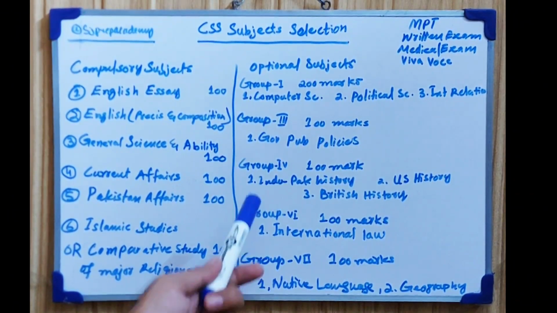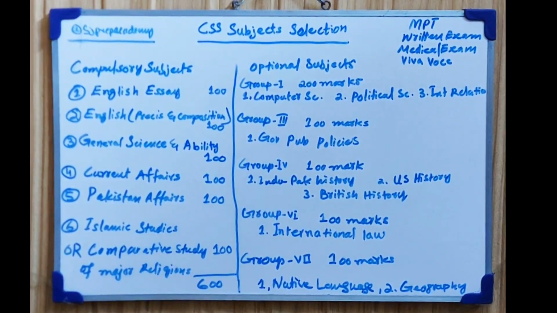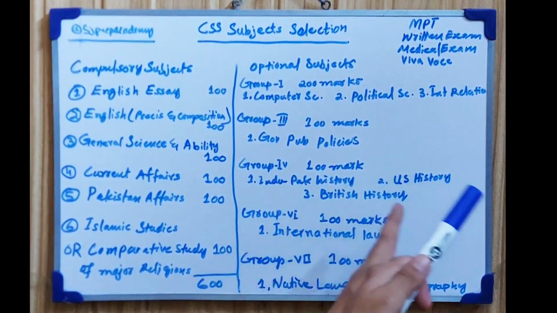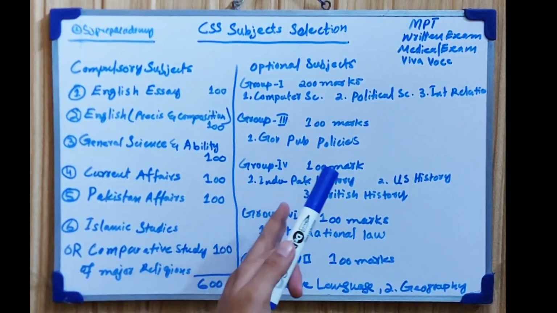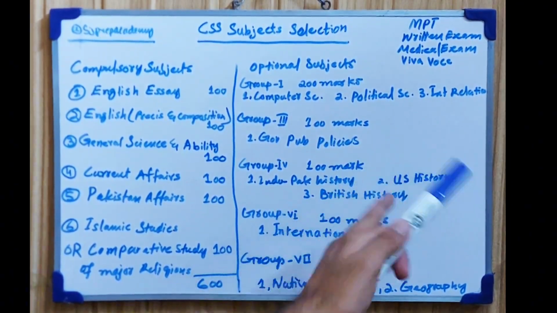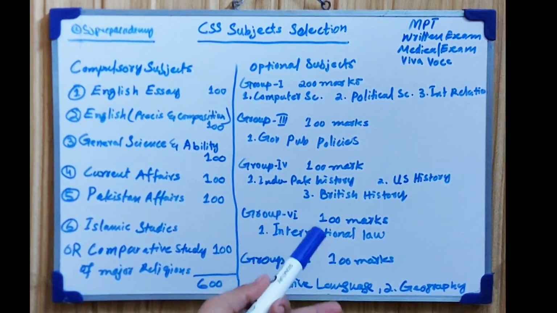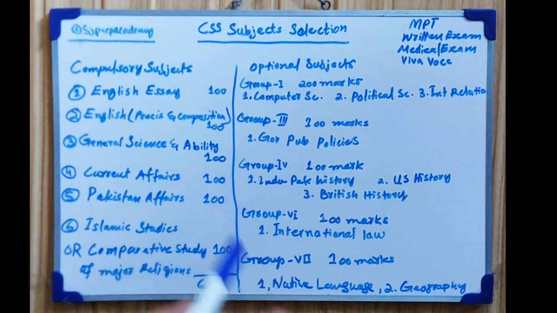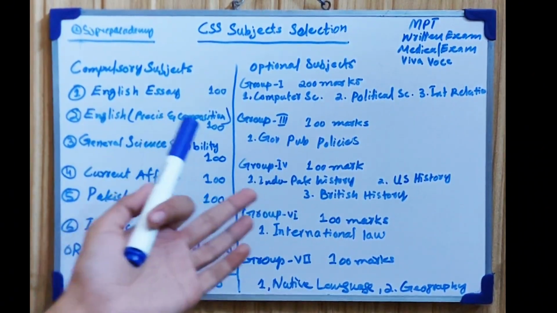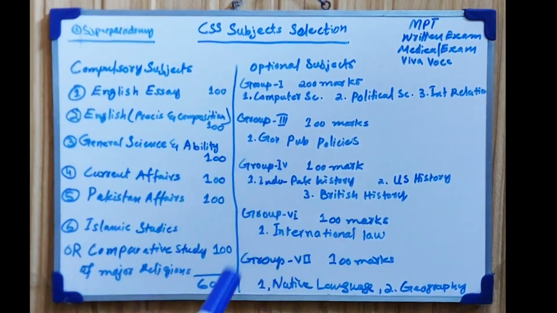Then there are the group 4 subjects that also carry 100 marks. You can select either Indo-Pak history, US history, or British history. These 3 subjects are very high scoring, and you can select any one of them. They are comparatively easy and can be prepared in only a few weeks.